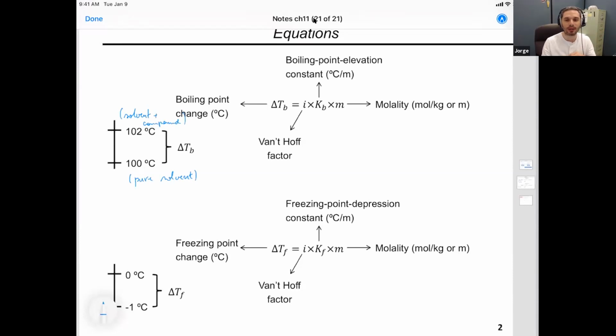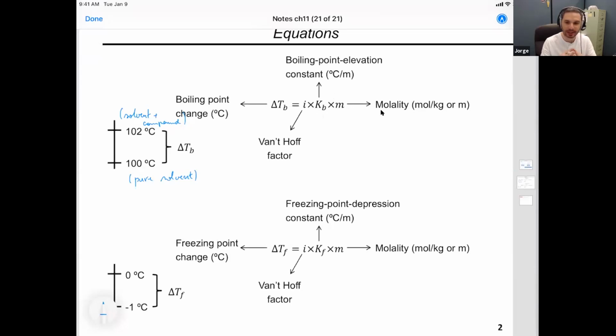Delta TB is going to depend on the Van 't Hoff factor, i, also on the boiling point elevation constant, Kb, which is tabled for all the solvents, times the molality.